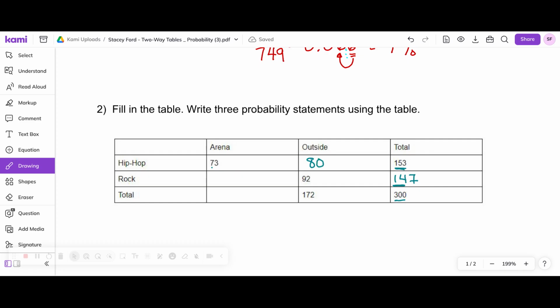Okay. And I'm going to do the exact same thing. We're going to find rock, arena, and then we're going to find the total. We can do the total 2 different ways, and we'll do that in a second. But go ahead and find in the rock for arena. So you're going to take your 2 numbers across and subtract it.